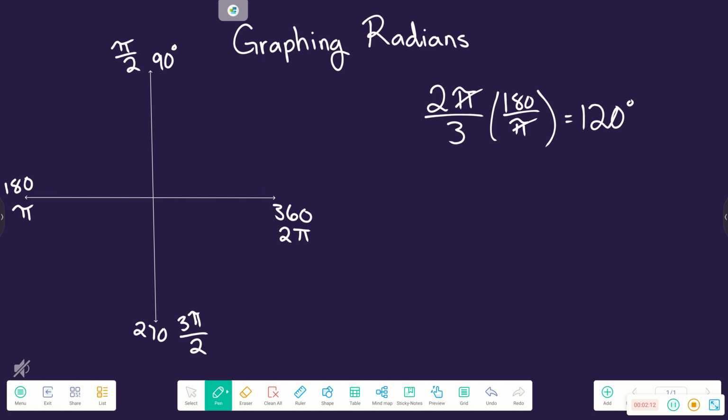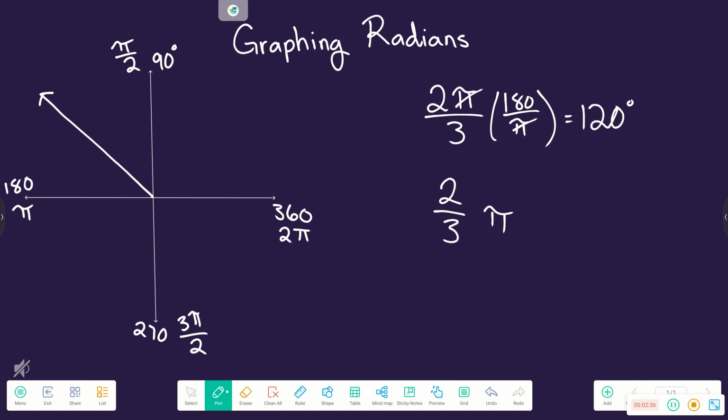And then I would graph it on my quadrant, which is over here, past 90, not quite at 180, something like that. The other way I can think of this is I'm going to break that pi away from my fraction. So I'm at 2/3, and then I have pi, or 2/3 of a pi.